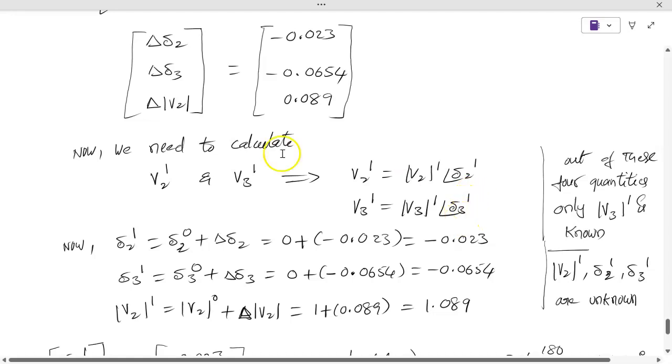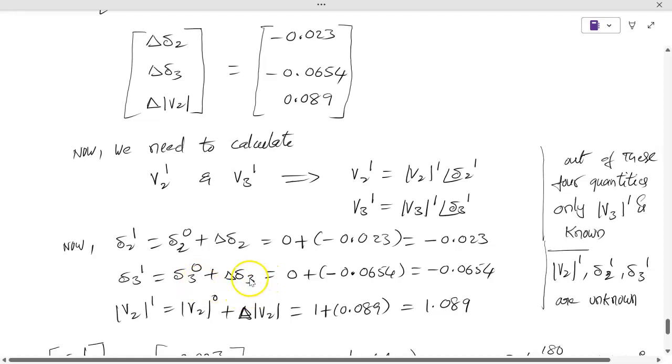Now del 2^1 is equal to del 2^0 plus delta del 2. Delta del 2 is already calculated. Del 2^0, as per the assumption, is 0, plus this value, that is minus 0.023. Similarly, del 3^1 is equal to del 3^0 plus delta del 3. Del 3^0 is 0, the initial values of all dels are 0.